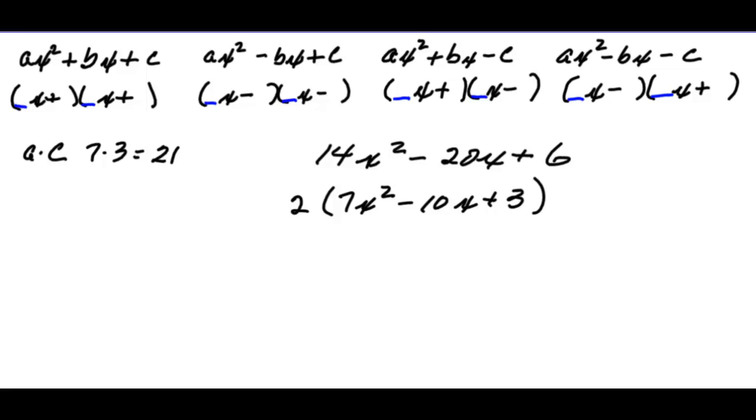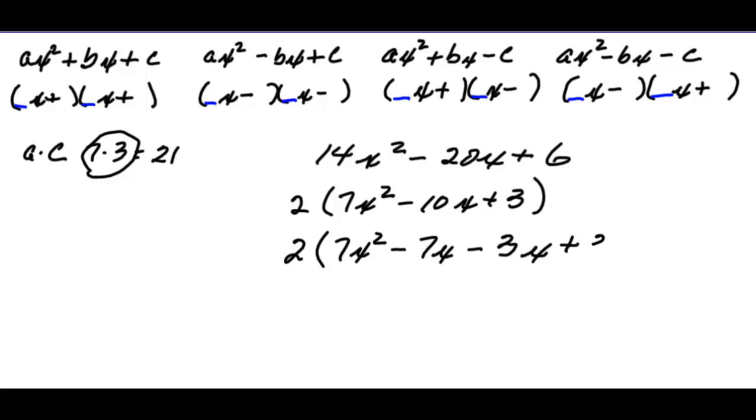When added together, give me 10. And we've already got them right there, 7 and 3. So when I do this again, I will take 2 times the quantity 7x squared minus 7x minus 3x plus 3. And this is a whole lot easier.